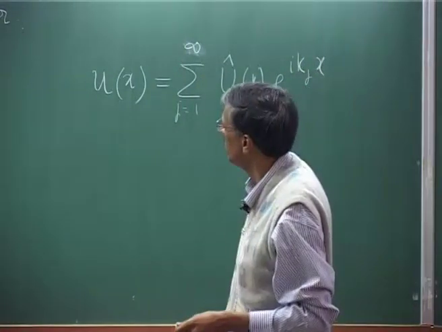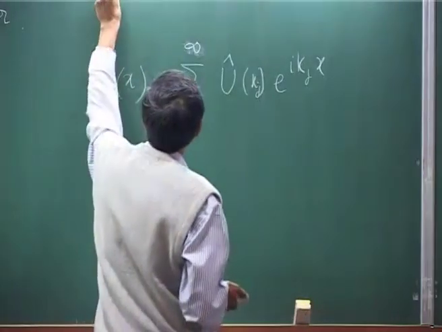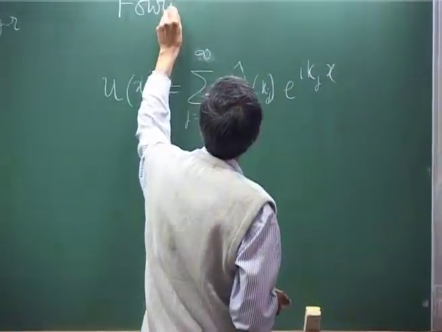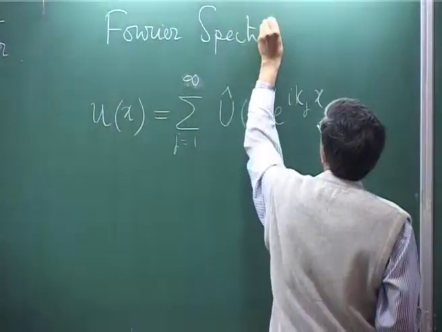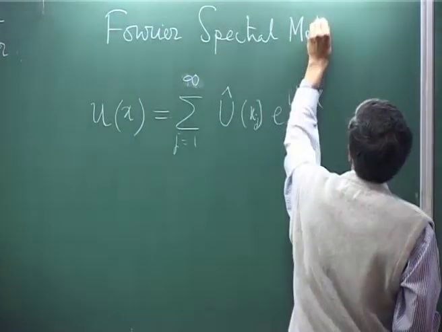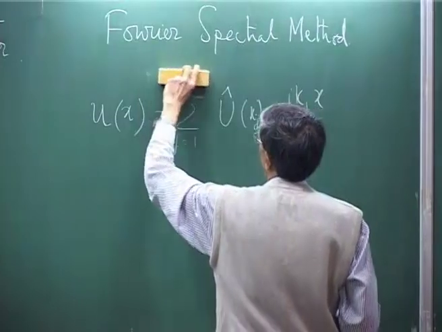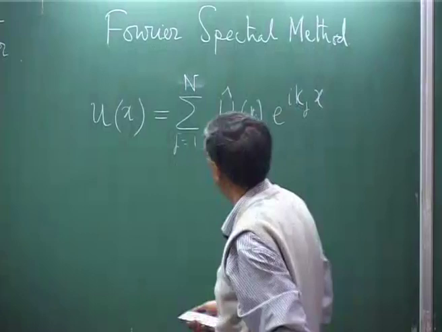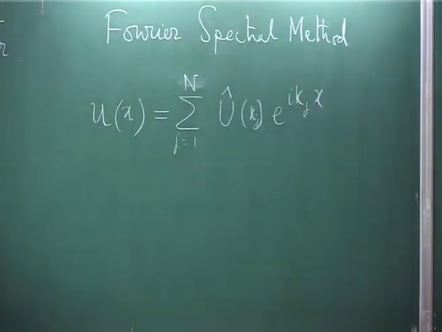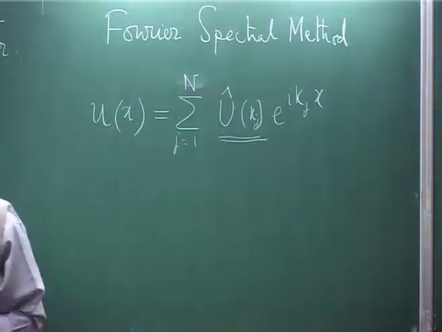This is what you do in a Fourier spectral method. So, this is what is called the Fourier spectral method. Of course you cannot accept an infinite series, so you will stop at some finite number of terms, and your intention in a problem would be to find these Fourier coefficients. Okay.